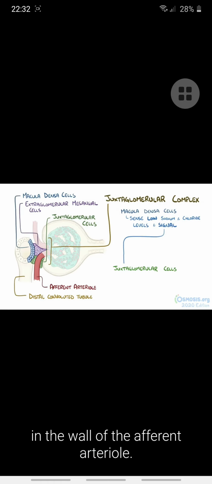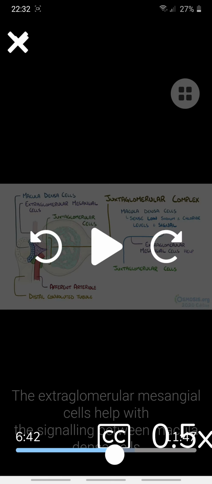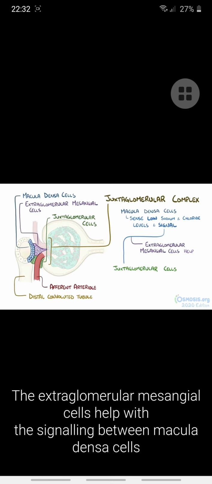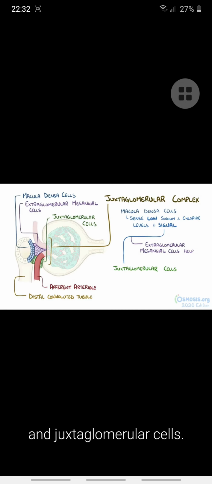In the wall of the afferent arteriole, the extraglomerular mesangial cells help with the signaling between macula densa cells and juxtaglomerular cells.